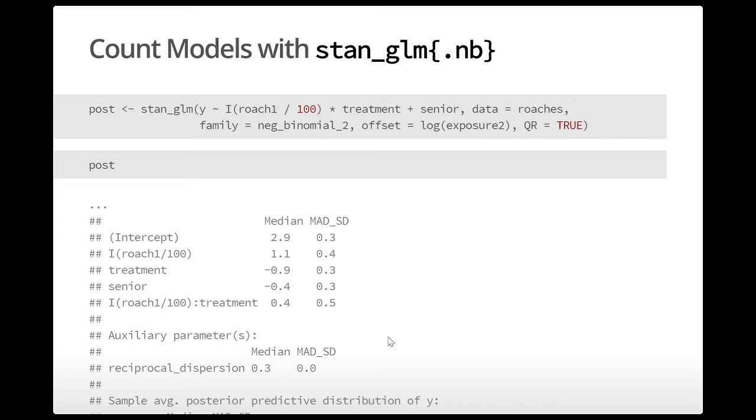I use just the default normal priors in RStanArm, which by default is going to have a mean of 0 and a standard deviation of 2.5 for standardized predictors. So you don't have to do anything special with your predictors.